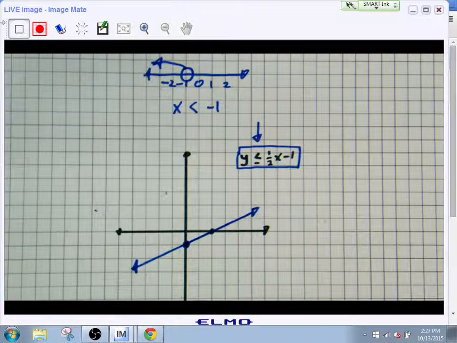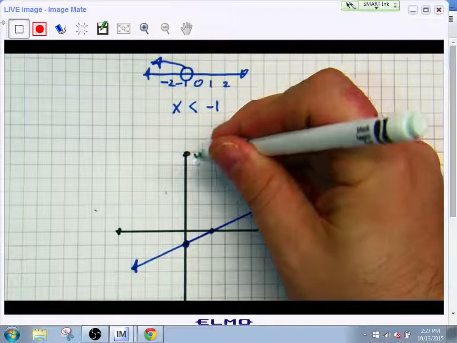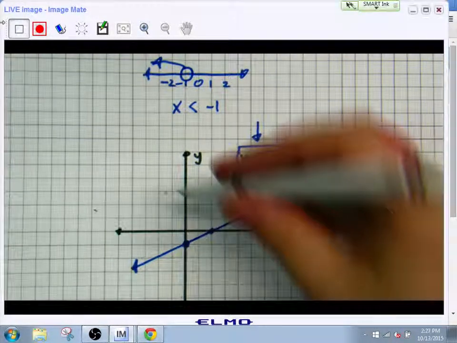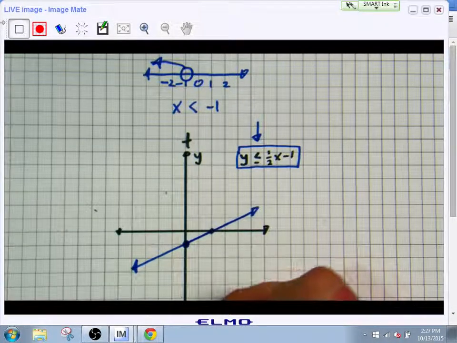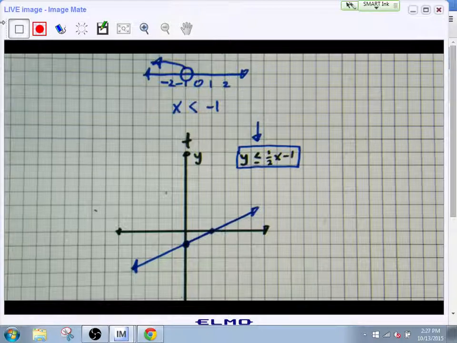I'm asking where y is less than or equal to this line. Where is y less than this line? And so when you're doing this, what I want you to do is remember y is a proud, independent man, right? Here he is, y. And y gets positive as we go this way, and y gets negative as we go this way, right?